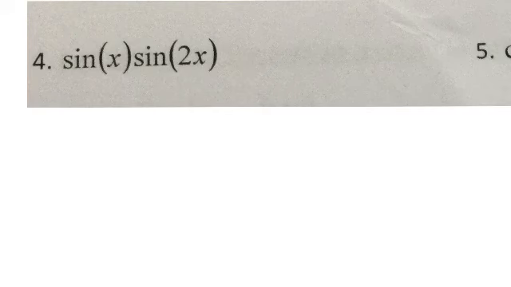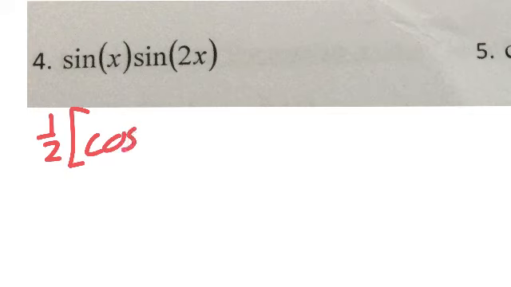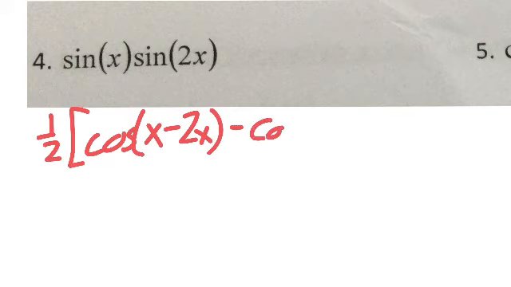Okay, looking at number 4. 4 is sine x, sine 2x. So that is my first identity. It's sine sine. So this can be rewritten as 1/2 times cosine of x minus y minus cosine of x plus y.